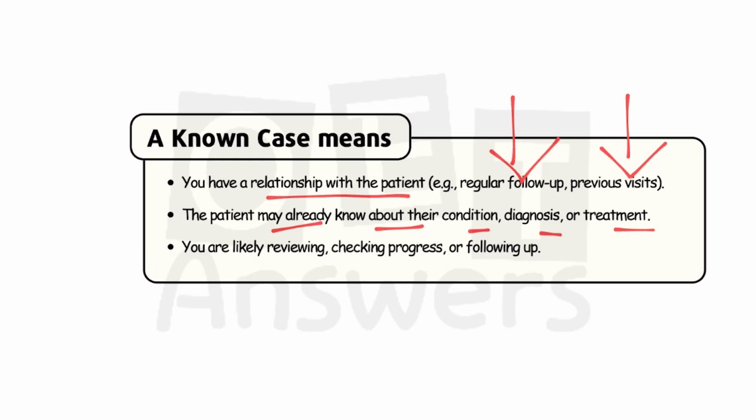So when a patient was admitted to hospital early morning, or yesterday night, or has been here for the past 5 or 6 days, you might have some idea about the patient when you are taking care of them, right? About the diagnosis and treatment from the first day up to today, what care nurses and doctors are providing, everything. You are likely reviewing, checking progress, following up.